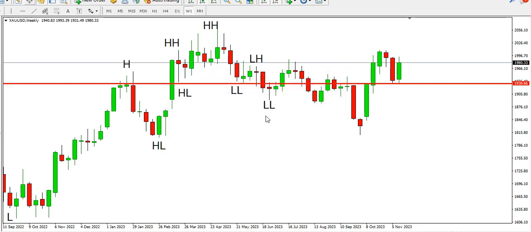All right, do you have two successive bullish? Of course, the next two candles are bullish, so now the identification of this high. This high is higher than this high, so it will be higher high.